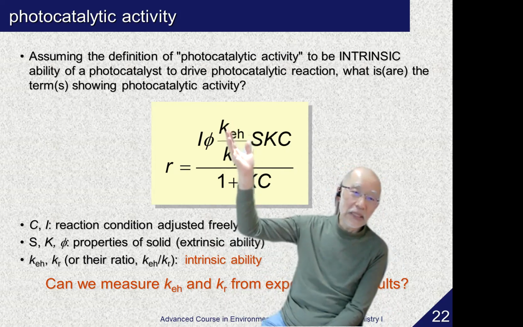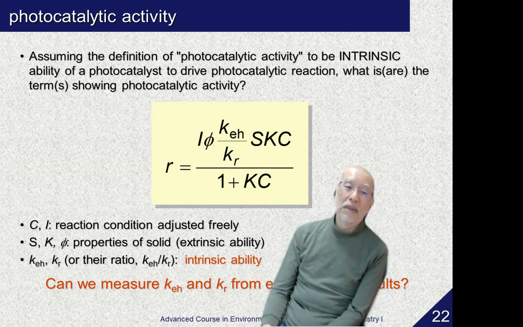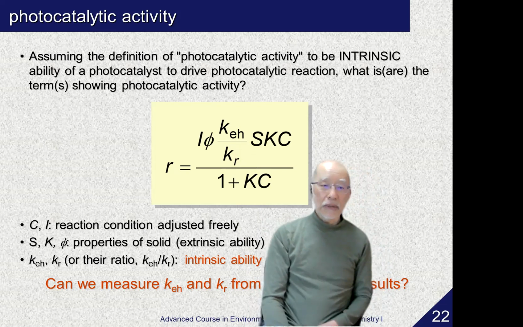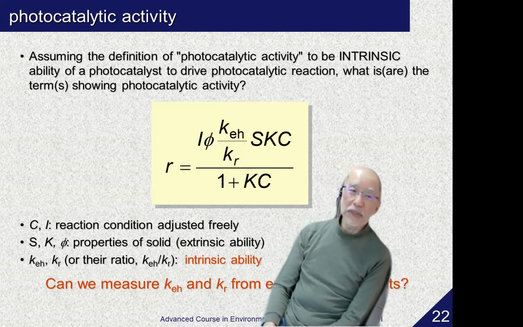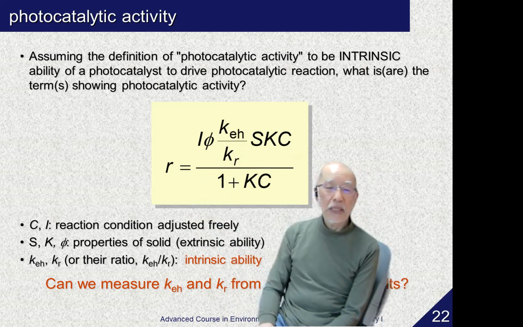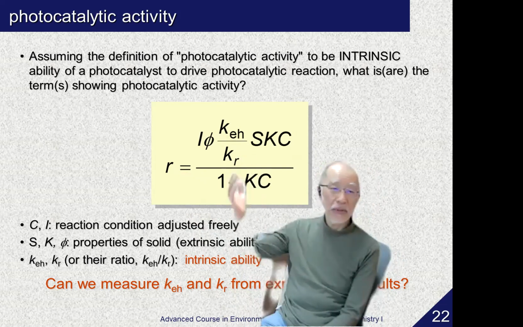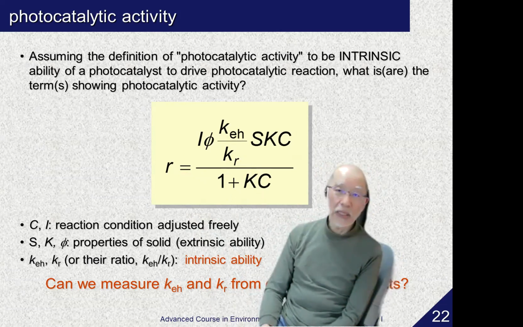Every time, what we can see is the ratio of k_EH and k_R, and no real rate constant of those steps, because it is impossible to see those reactions, the electron-hole reaction and the recombination, independently. So therefore, it is impossible to determine the absolute values of the rate constants k_EH and k_R. Every time, what we can see is the ratio k_EH over k_R.